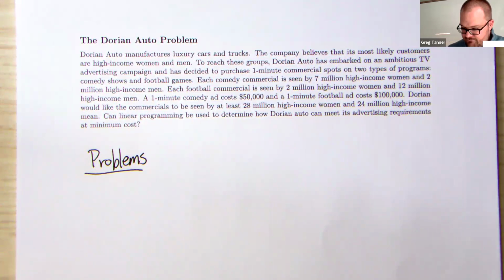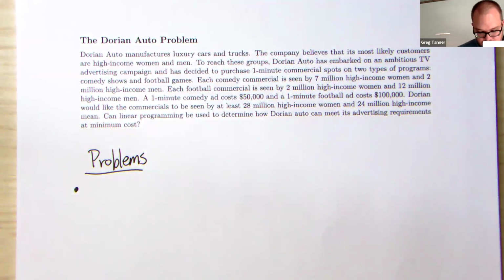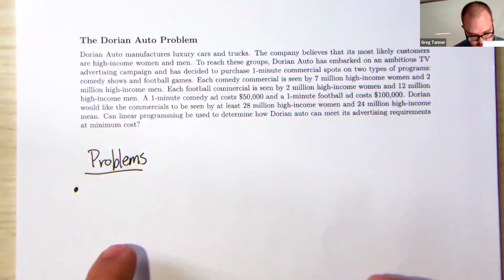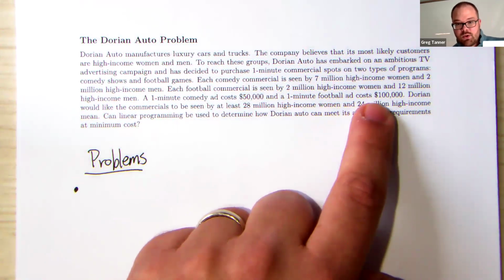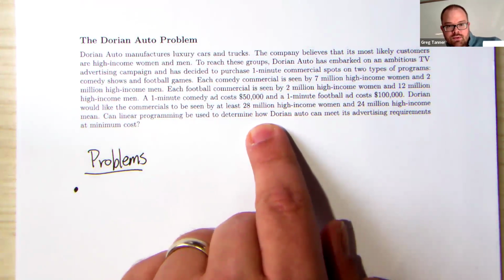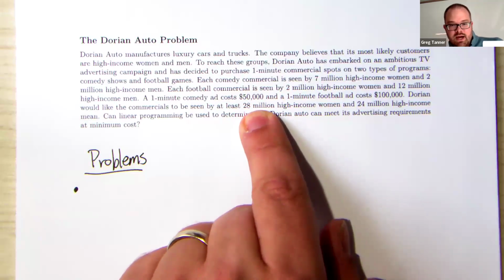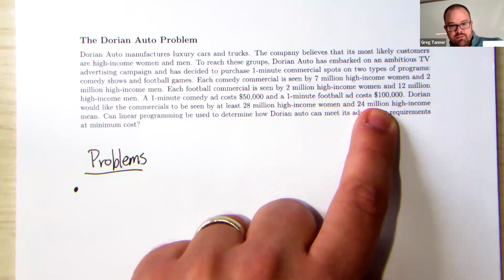So, first problem, and maybe a big problem, is that if you're airing commercials and you're airing multiples of that commercial and you're airing some on comedy programs and some on football games, if your goal is to meet certain viewership goals, right? Yeah, we want to reach 28 million high-income women and 24 million high-income men.